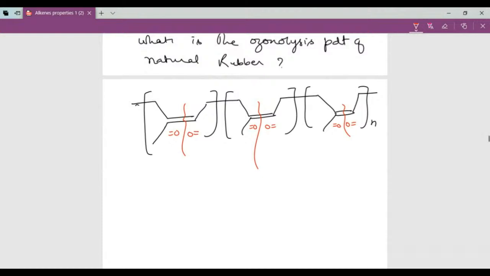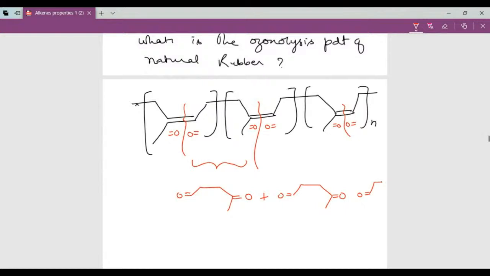So this is our one unit. Let me write it: double bond O, double bond O. This is another unit. We have written this just to identify whether it is a repeat of a similar thing or not.